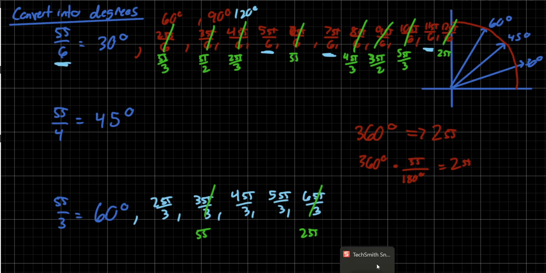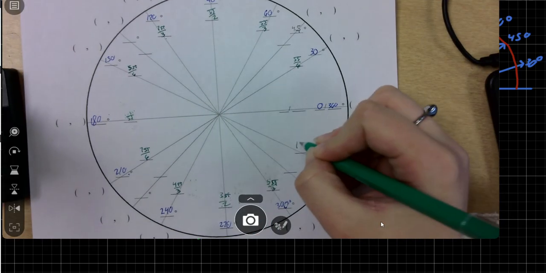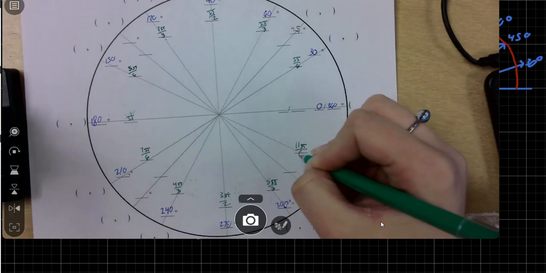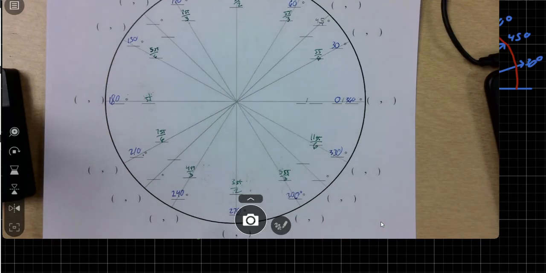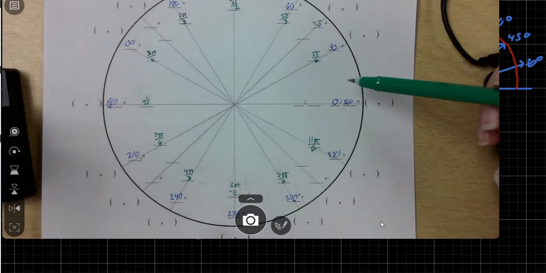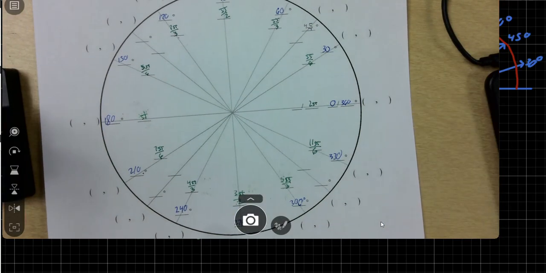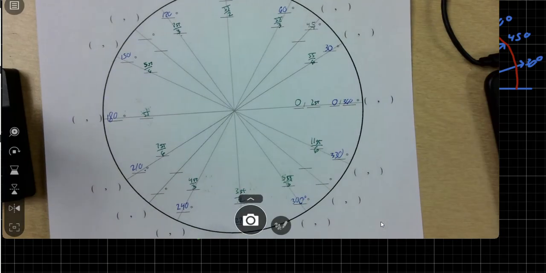Yeah, 11 pi 6. So I'm at 11 pi 6. And what would my radians be up top? 2 pi, or also what if I started there? 0. Yes.